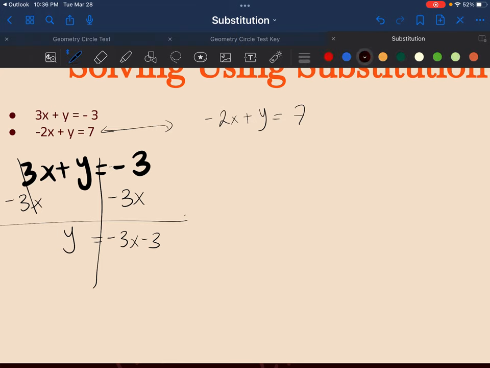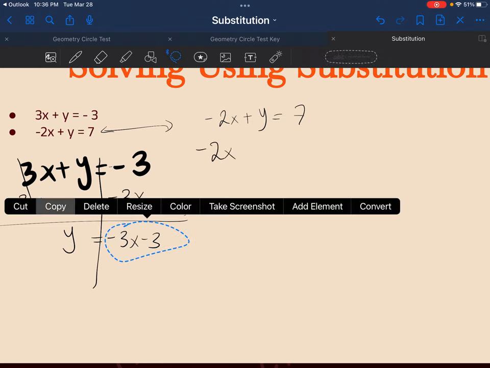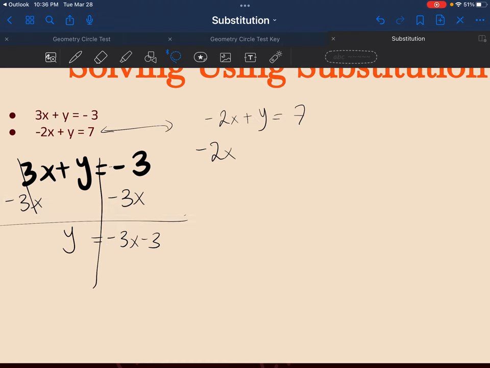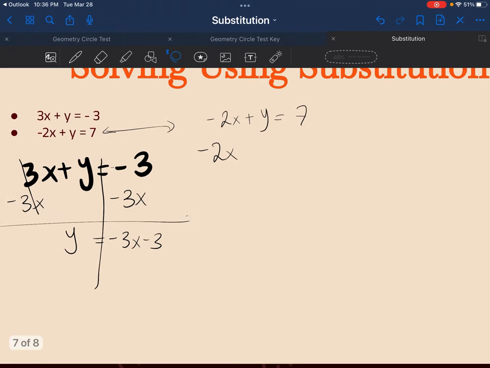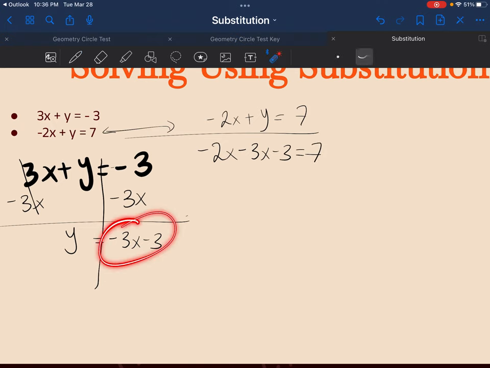So instead of writing y in my second equation, I'm going to write down -3x minus 3. And that is all I'm doing. I am substituting my y for whatever I determined my y was in my first step.